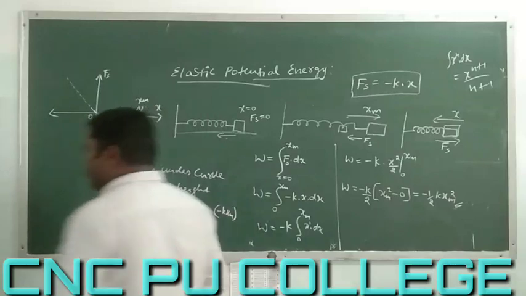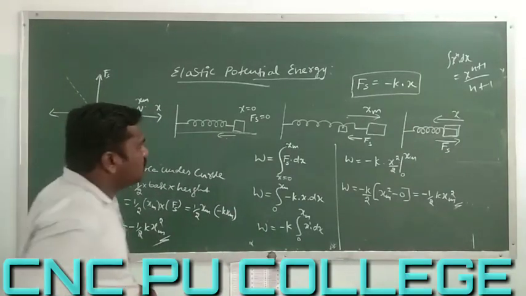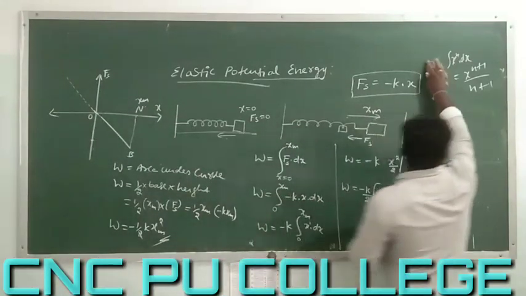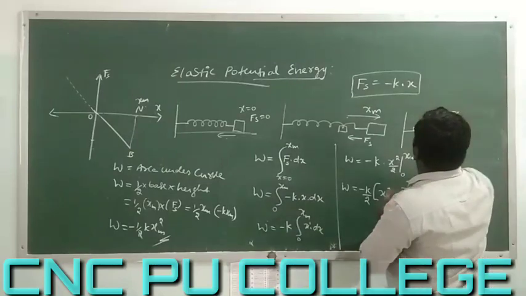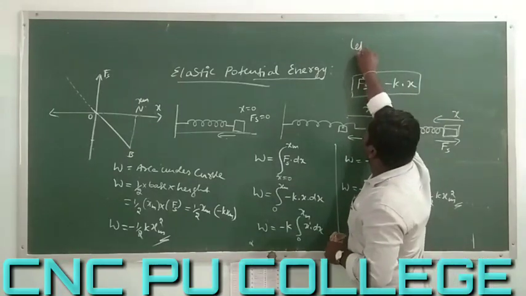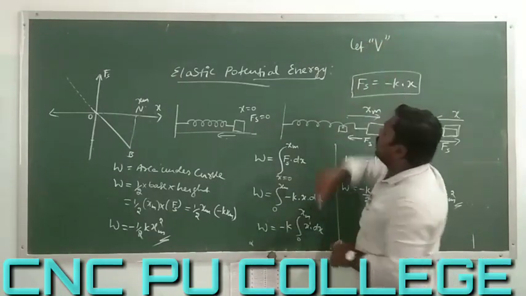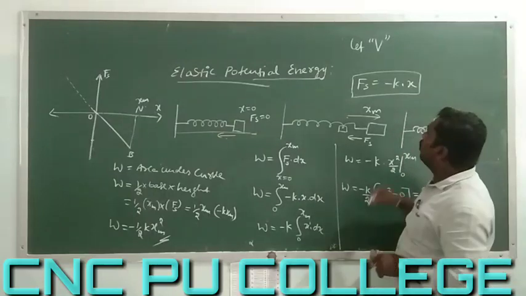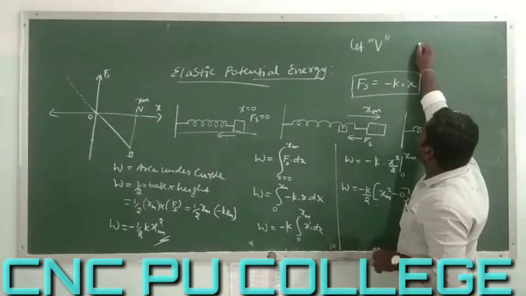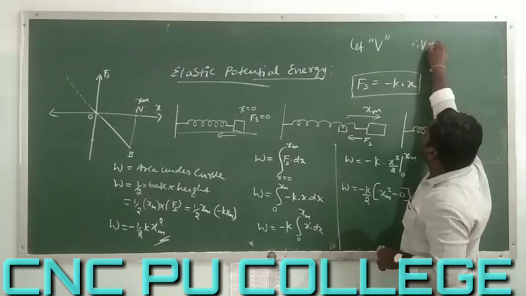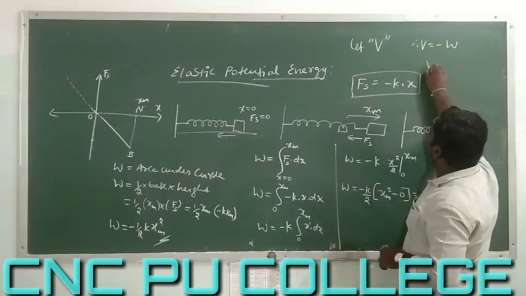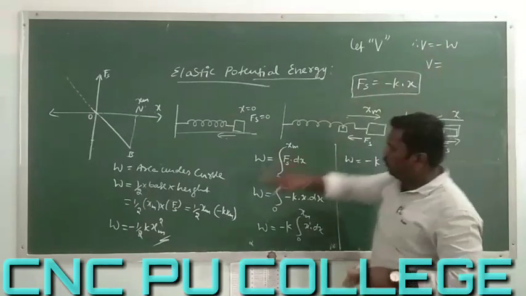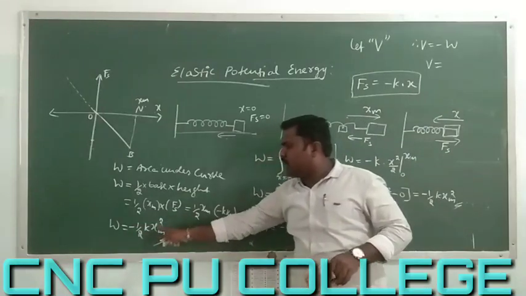Hence the expression for elastic potential energy. I am going to write the final expression here. Let V be the elastic potential energy, and we got that the negative of work done is called potential energy. Therefore V is equal to minus W, that is, V is equal to minus of minus half k xm square.